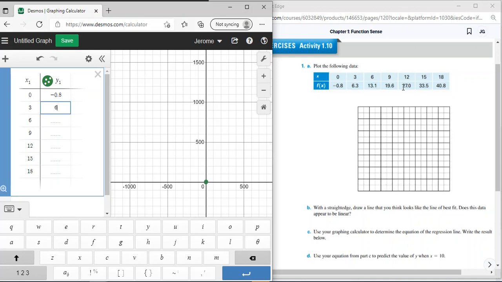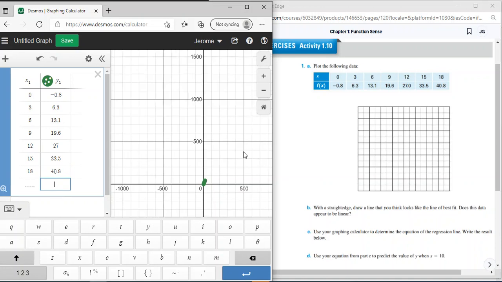What's that? 6.3. 13.1. 19.6. Let me see, 27. 33.5. And finally 40.8. All right. And we have these values in here.